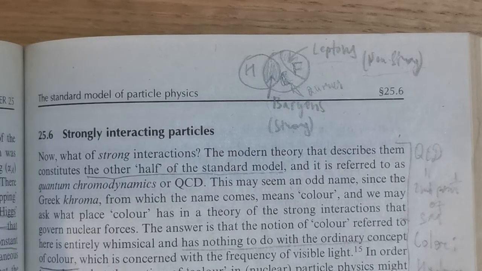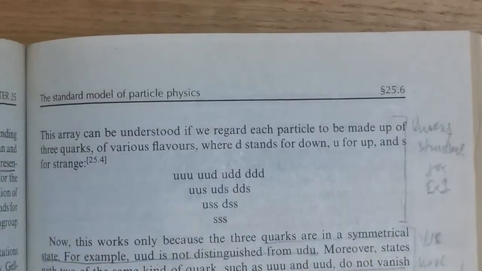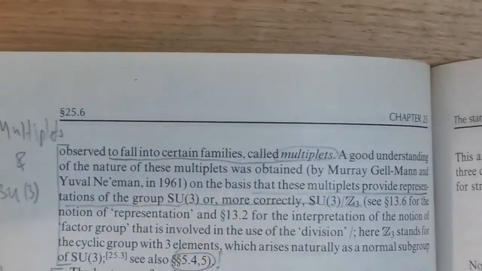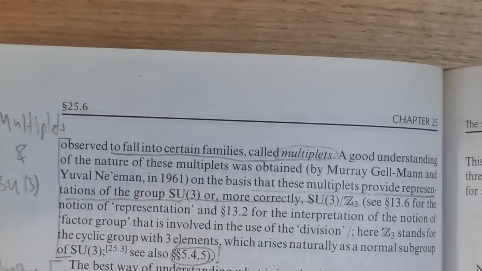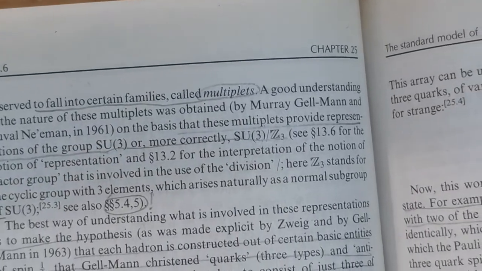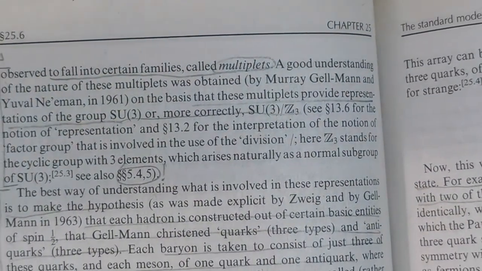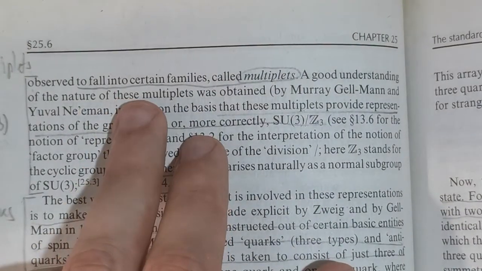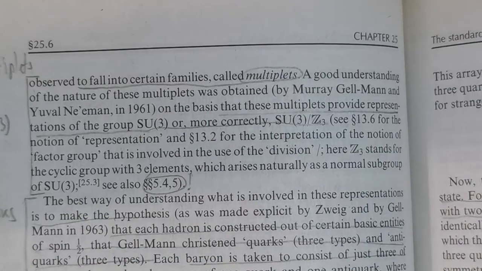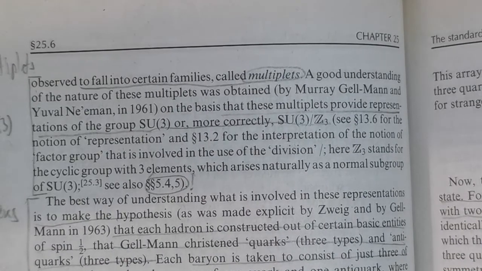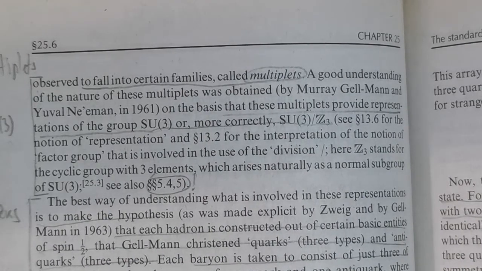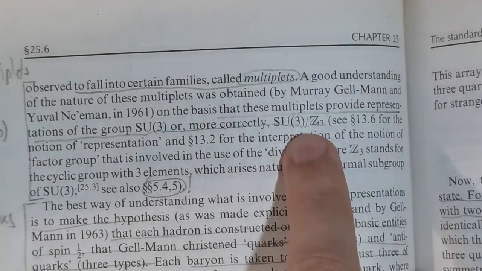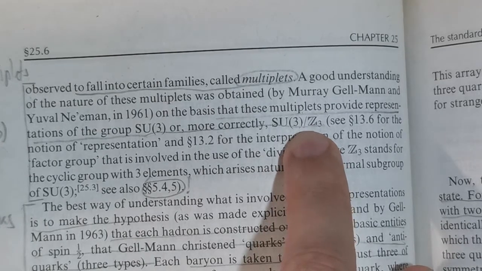That's true, and the whole theory of the strong interactions came out from those discoveries, because those observed particles from the accelerators were found to fall into certain families called multiplets, and those multiplets were symmetric under the group SU(3), or more correctly SU(3) quotient by Z3, a group of three elements.